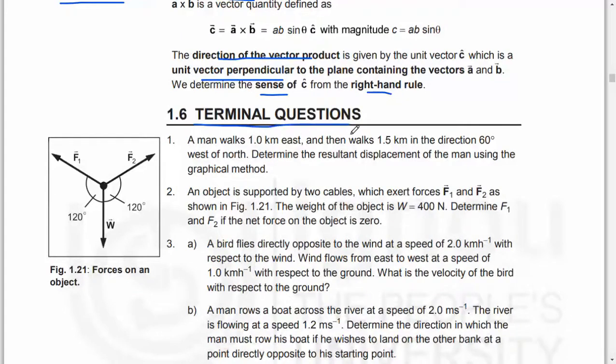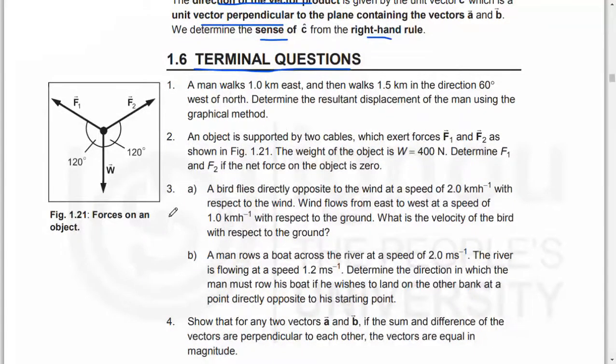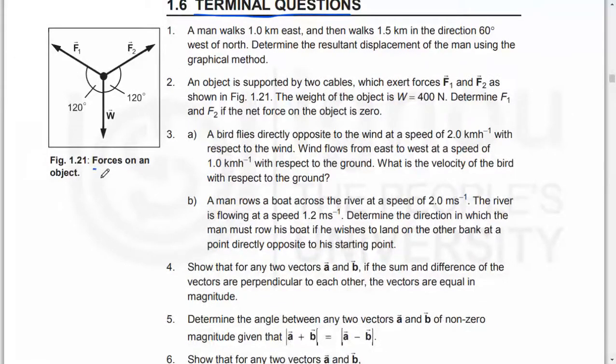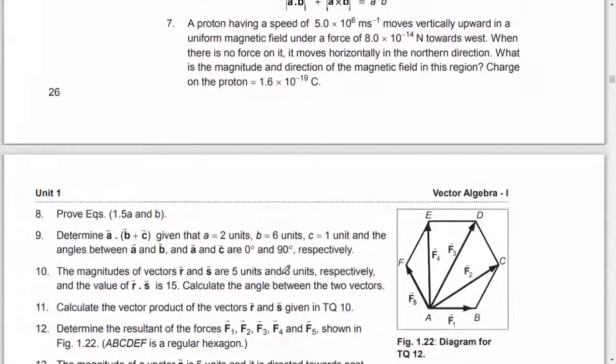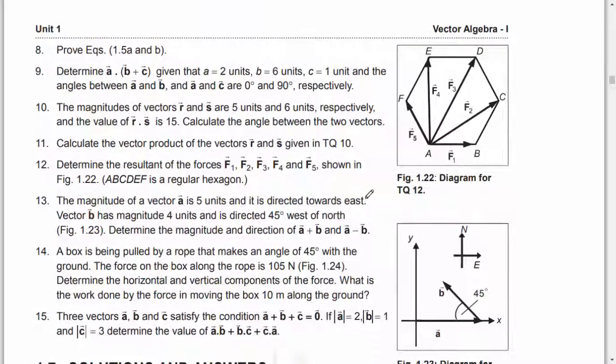Terminal questions. Forces on an object: F1, F2, 120 degree, 120 degree, W. Diagram of TQ12: A, B, C, D, E, F; F1, F2, F3, F4, F5.